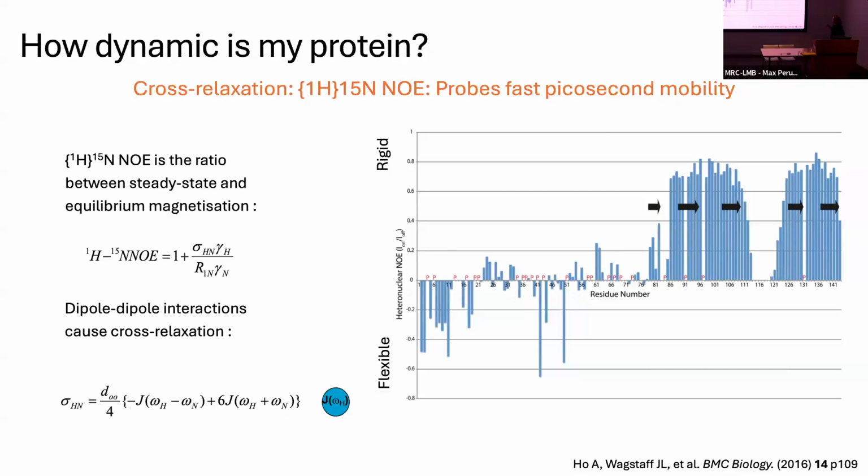If our residue has a value of between 0.8 and 0.9, then we know that residue is in an area of secondary structure element, in a folded system. But the lower the value, or even negative, that indicates the residue is in the disordered part of the protein. This heteronuclear NOE tells you about motion on one timescale only, the picosecond timescale.